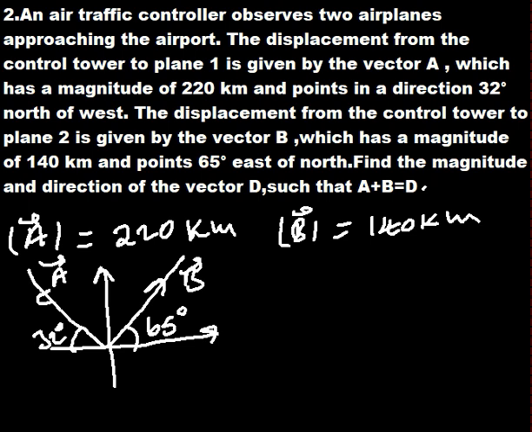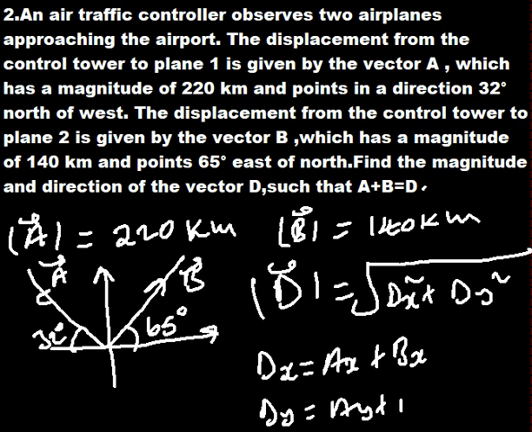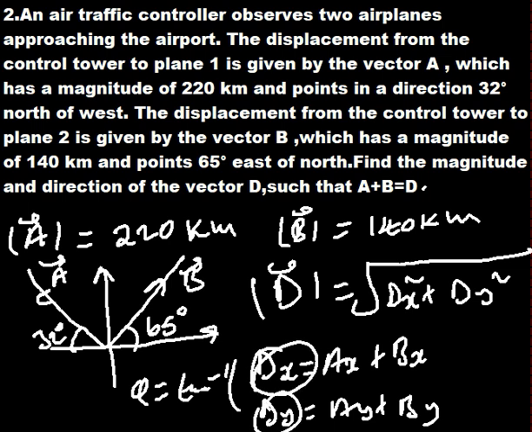Now the question says that we should find the magnitude of the resultant, the vector D. So we need the magnitude of the vector D, which is the square root of dx squared plus dy squared, where dx is ax plus bx, and dy is ay plus by, and the direction is tan inverse of dy over dx. So try to have that.